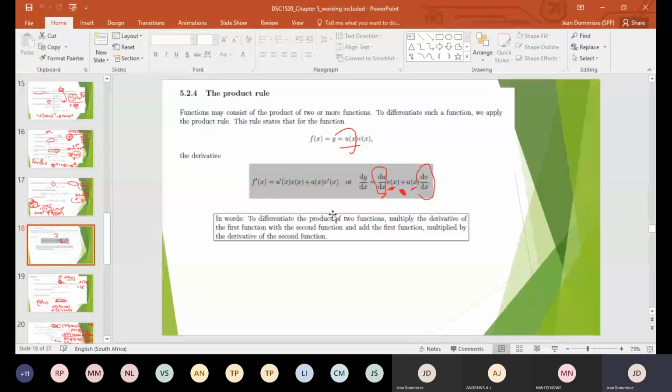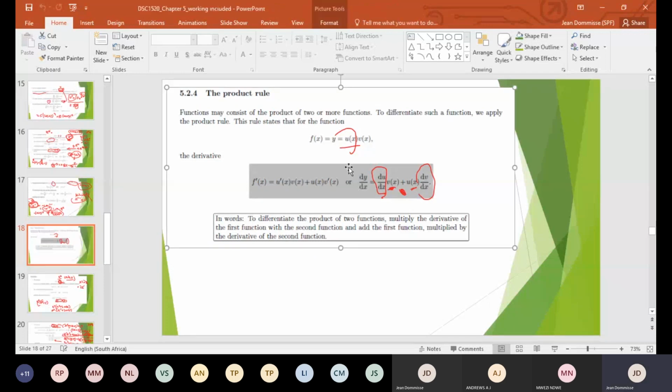Cool. Okay. So when we look at the product rule, that is why if we look at chapter 6, chapter 7, and chapter 8, the difficulty is that we need to know chapter 5 to do the rest. So the product rule was written as follows.